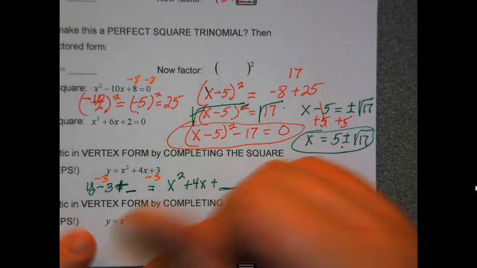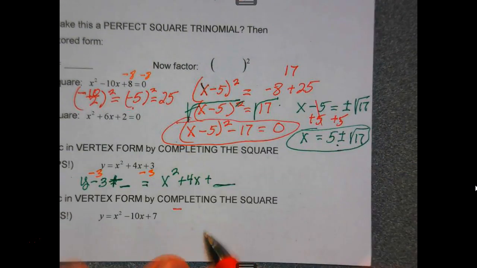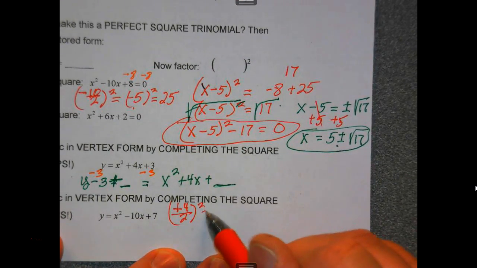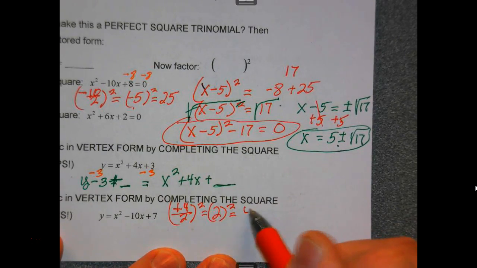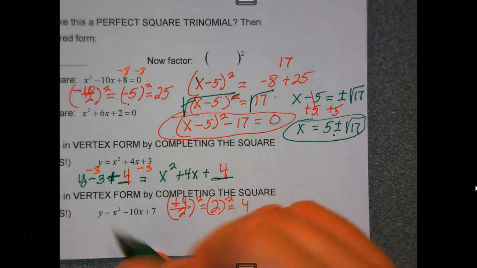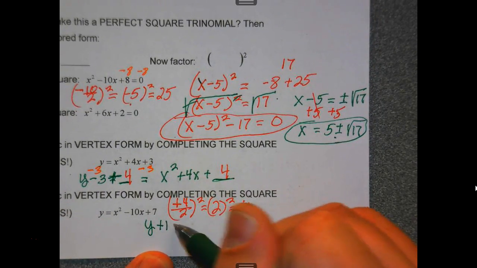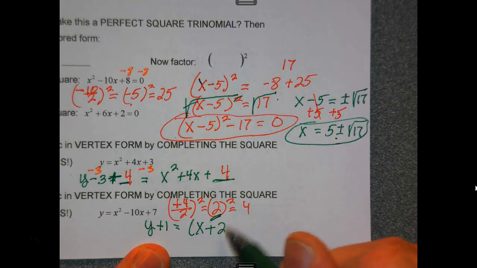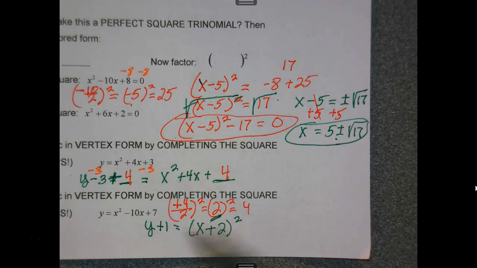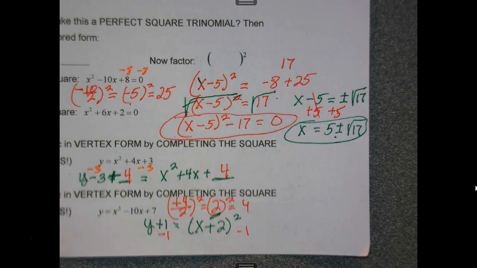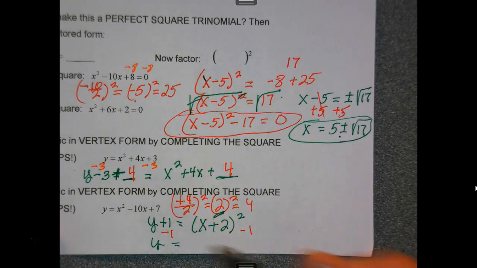Half of b, well, my b is positive 4 divided by 2 squared, which is 4. So I have y plus 1 equals x plus 2 squared, and then subtract 1 from both sides, and we get vertex. y is going to equal x plus 2 squared minus 1.